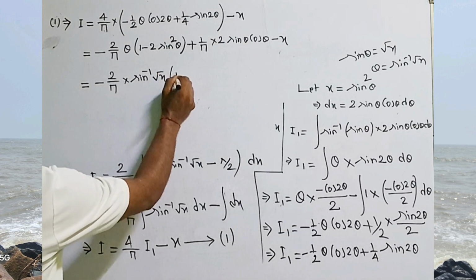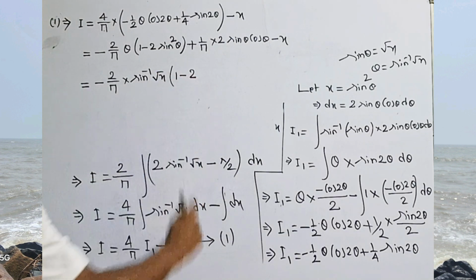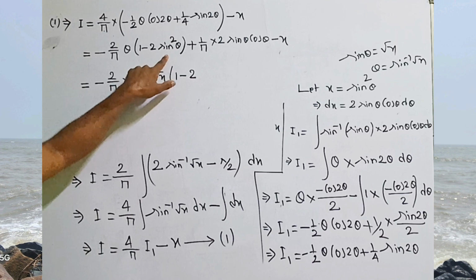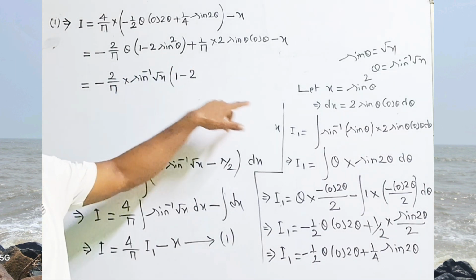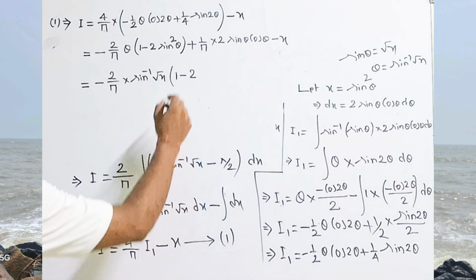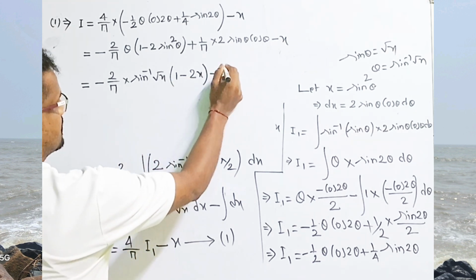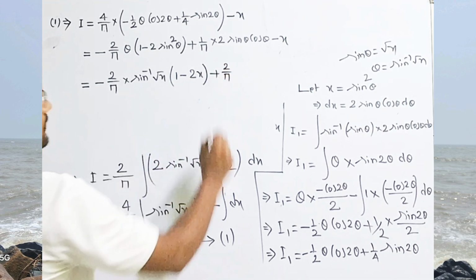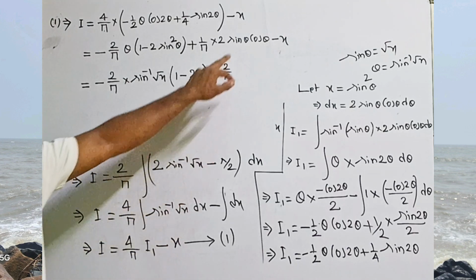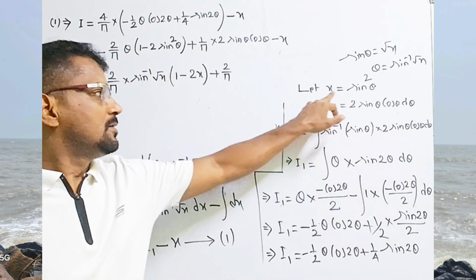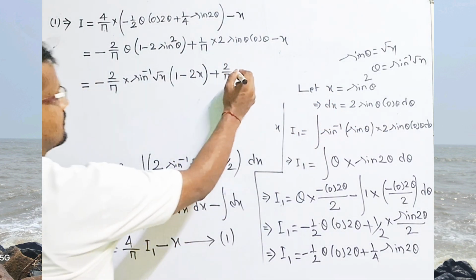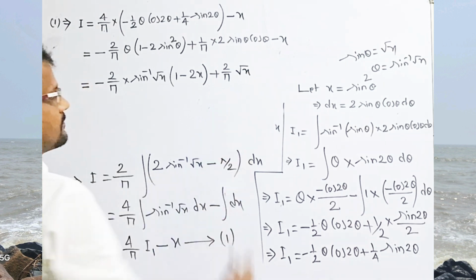Within brackets 1 minus 2, don't write x square because sine square theta itself is x. So simply write 2 sine x plus 2 by pi. Now you see it is sine theta, so sine theta simply root x. So I will write here root x.